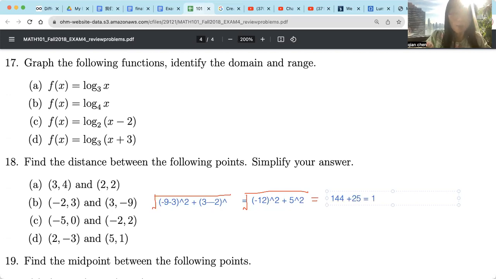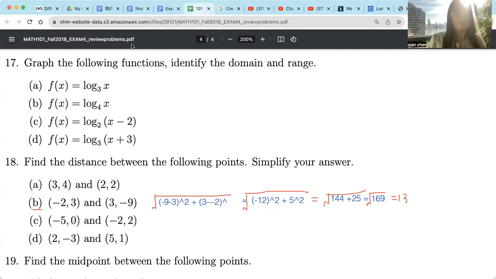So we get square root of 169. And 169 is 13 squared. So square root of 169 is 13. All right, so the distance between those 2 points is 13.